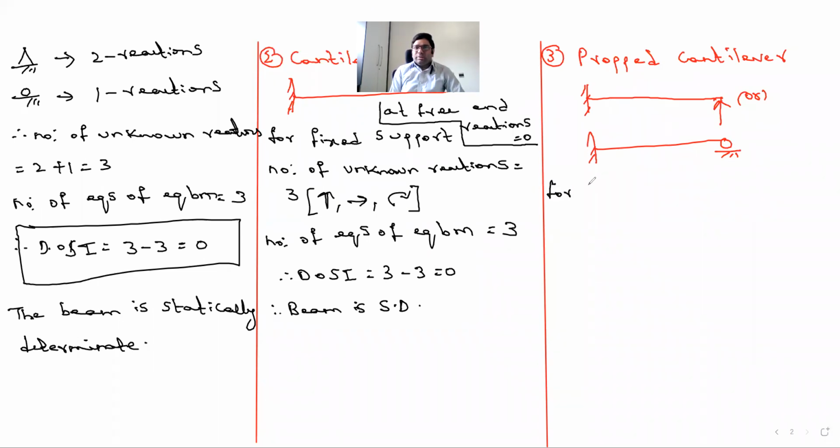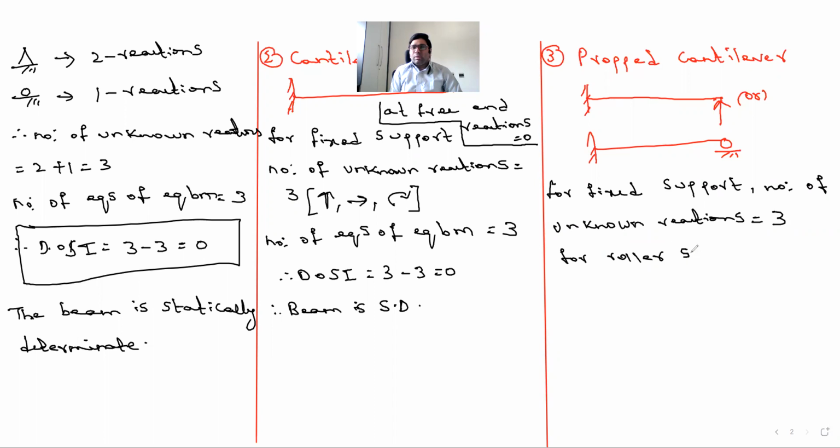Okay, now, what do we know? For fixed support, number of unknown reactions is equal to 3. And for roller support, number of unknown reactions is equal to how many? 1. That is vertical.